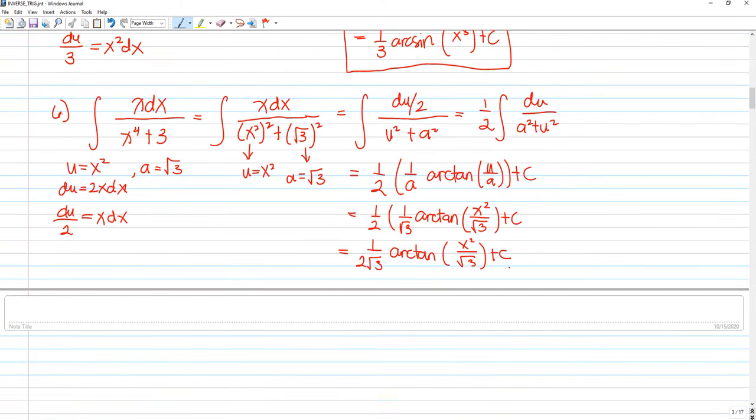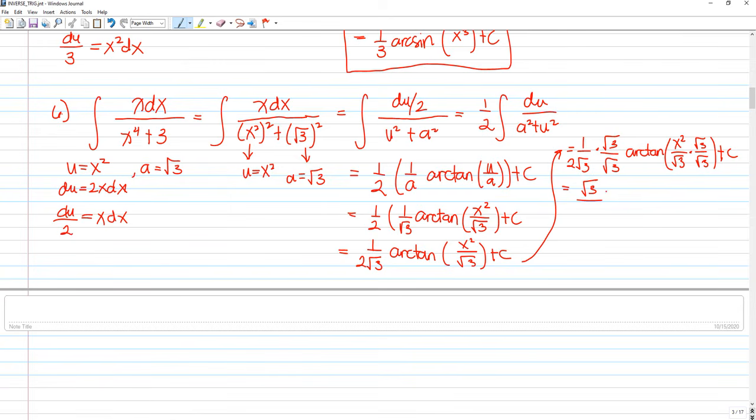We need to simplify. Okay, so if we simplify that by multiplying square root of 3 all over square root of 3, rationalizing, and here also. So let me just rewrite so that you would understand. Okay, x squared all over square root of 3. So we also would want to rationalize this. So what will happen is that we have square root of 3 all over square root of 3 times square root of 3 is 3.